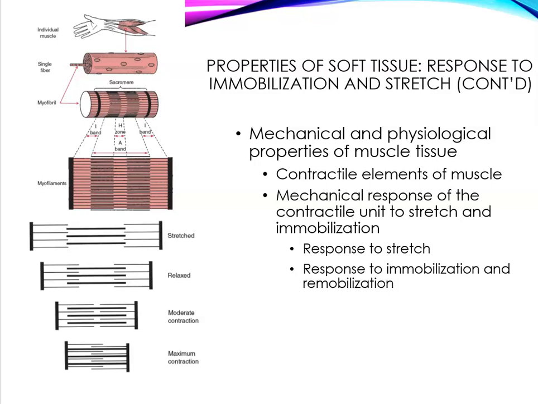Response to immobilization and remobilization. There are morphological changes with muscle atrophy and weakness. As the immobilized muscle atrophies, an increase in fibrous and fatty tissue in the muscle also occurs.